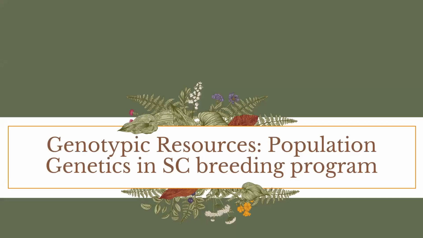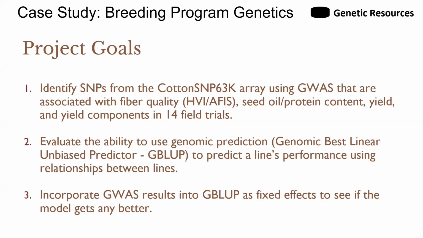Moving on to looking at genotypic resources, we're really interested in characterizing and evaluating the ability to use genomic selection in our individual breeding programs. So this is looking at population genetics in the South Carolina PD breeding program with Dr. Todd Campbell.